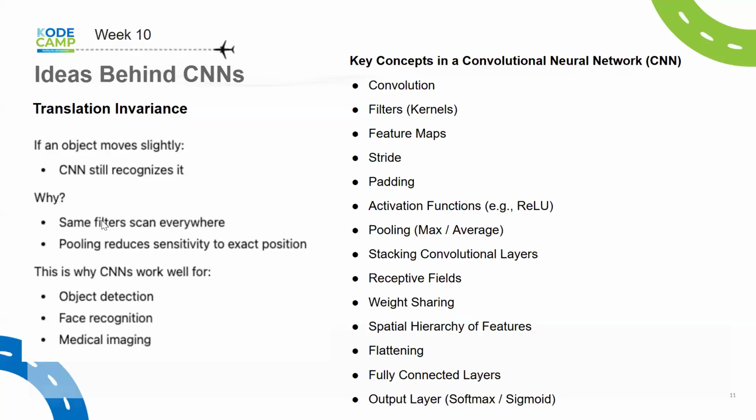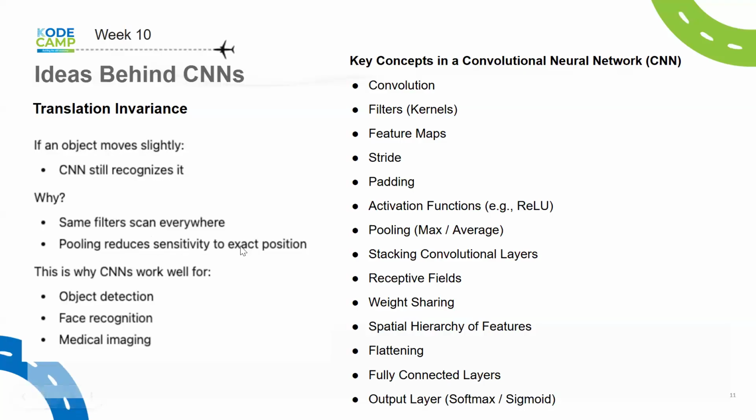The CNN will still recognize it because it's a small kernel that is checking those different parts of the image. So the same filters will scan everywhere. Kernel and filter, same thing. It's just that a filter is a three-dimensional version of a kernel, even though people sometimes call filters kernels and kernels filters.